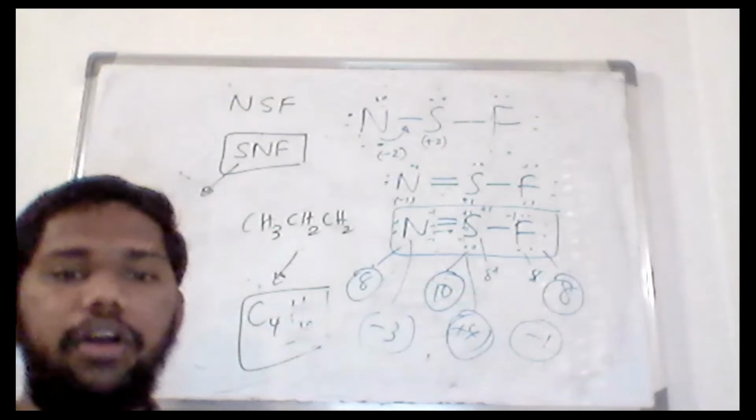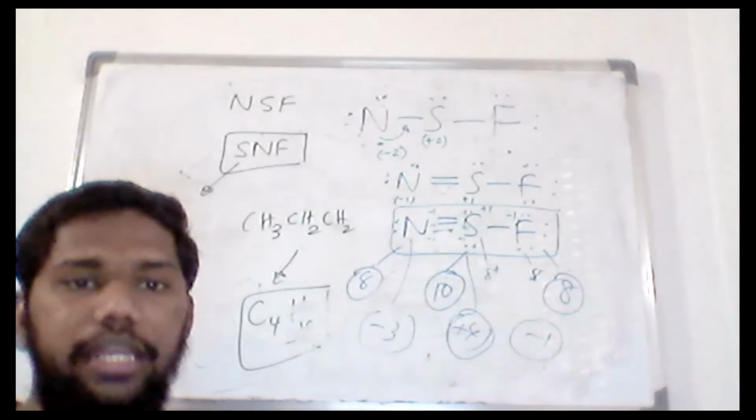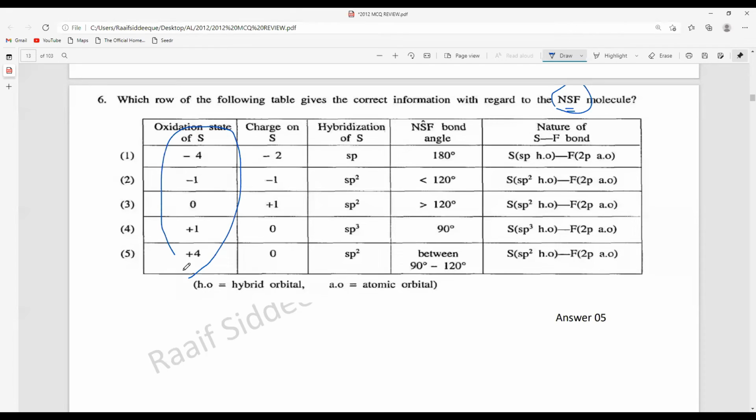Now, according to that, I will share the screen. The only possible answer given in this table which has a +4 oxidation state for sulfur is this. So the answer should be this. If you draw the structure very quickly, it will take maybe at most 10 seconds to get the answer.